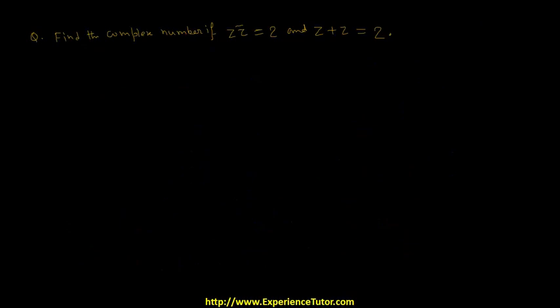Our next question is, find the complex number if z into conjugate of z is equal to 2 and z plus conjugate of z is equal to 2.